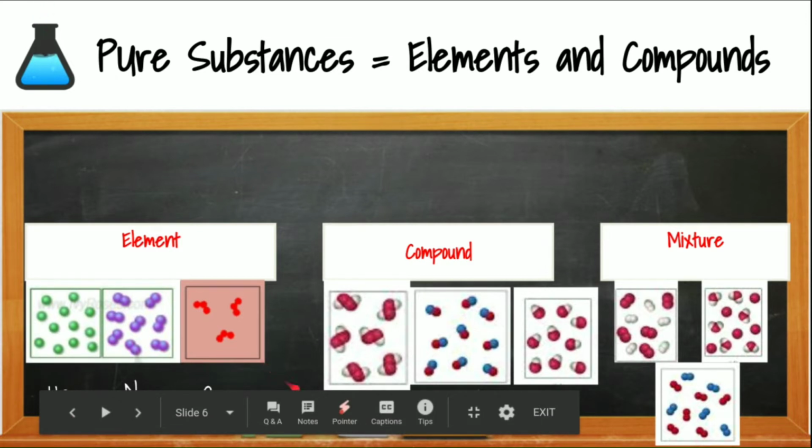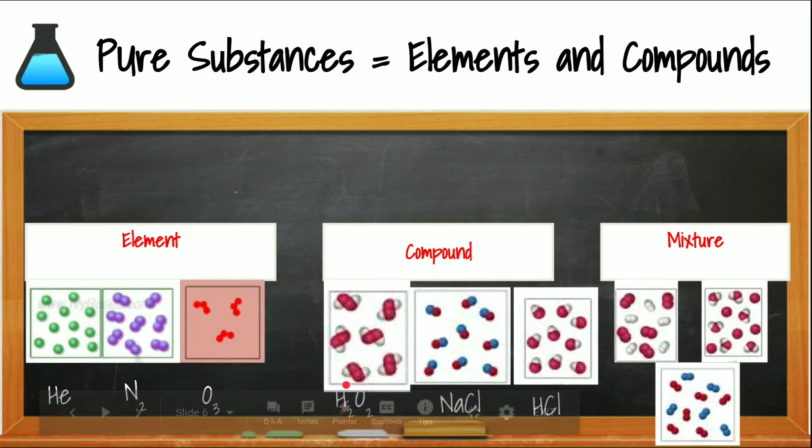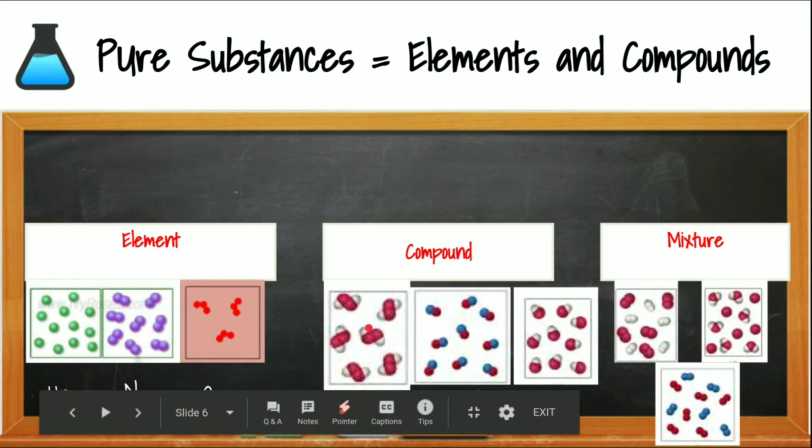Now, compounds also have definite and constant composition. So in this first example here, we have 2 H's and 2 O's, 2 hydrogens and 2 oxygens. So this is called hydrogen peroxide. And every piece is absolutely identical. Same thing with this compound here.